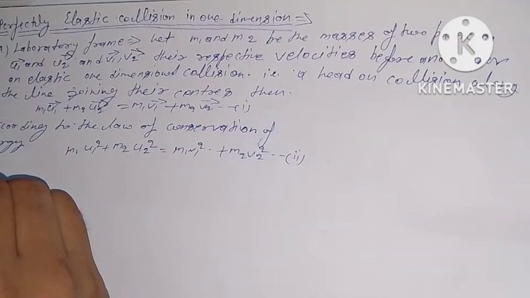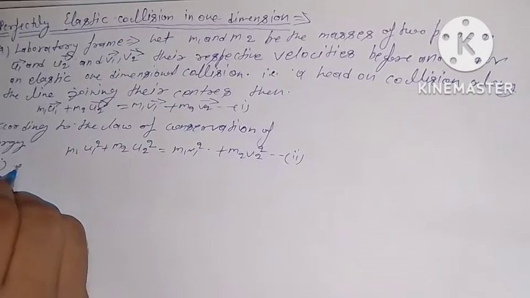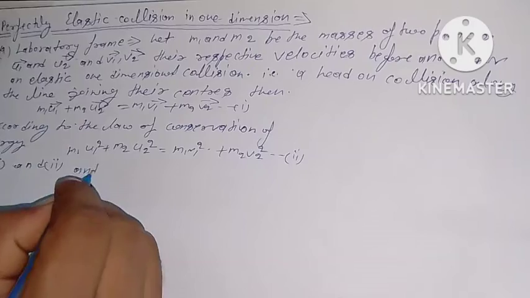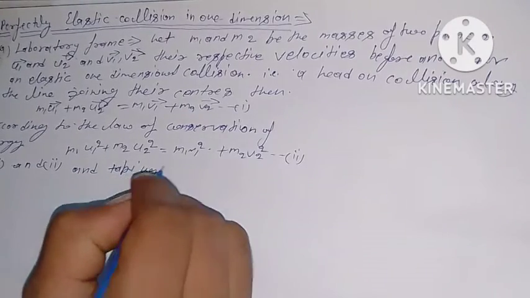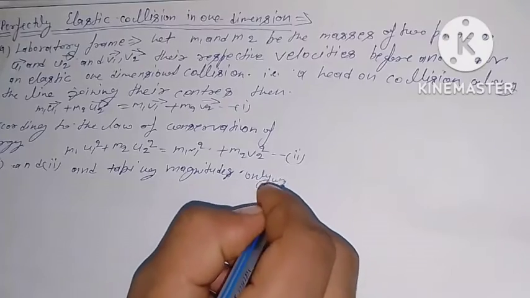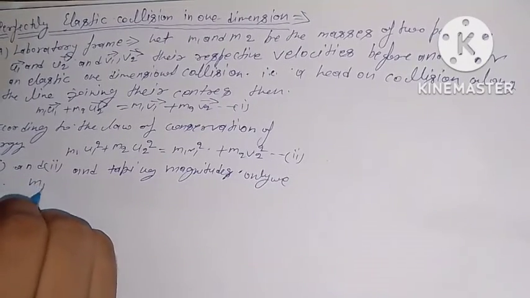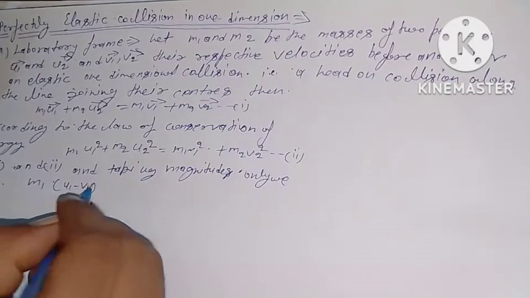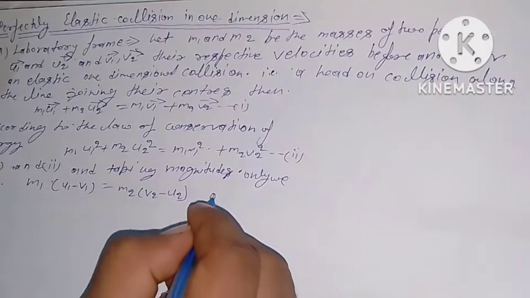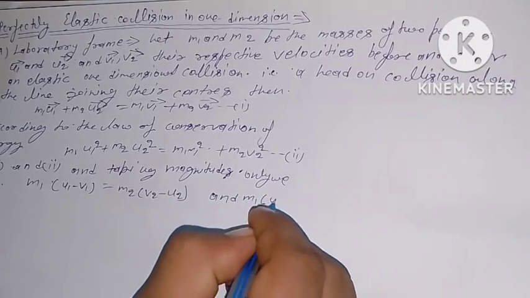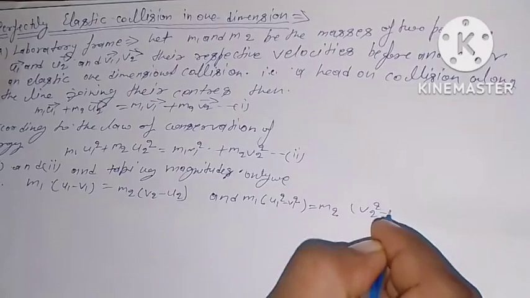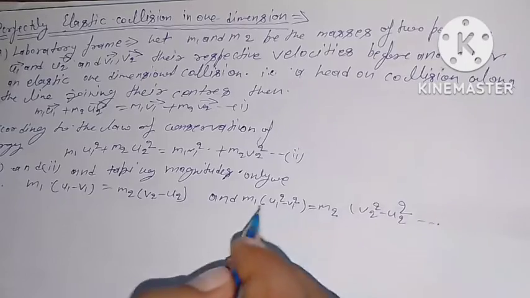Rewriting equations 1 and 2 and taking magnitudes only, we have m1 (u1 minus v1) equals m2 (v2 minus u2), and m1 (u1 squared minus v1 squared) equals m2 (v2 squared minus u2 squared).